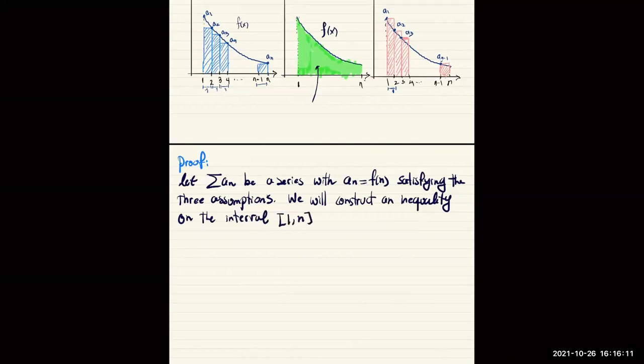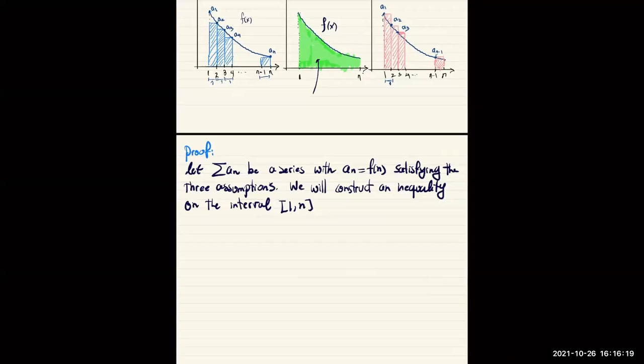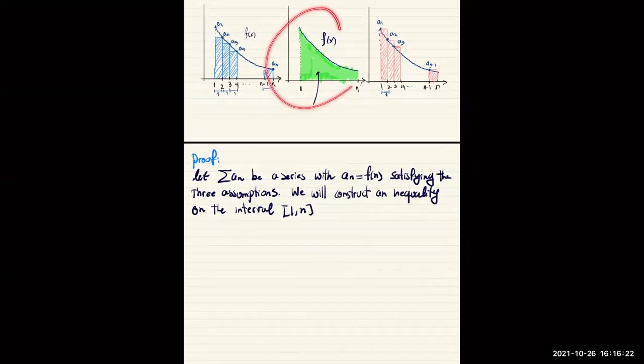And then later we'll take limits. We're going to take a limit as n goes to infinity, and that is going to give us an improper integral. So the middle picture right here is the integral from 1 to n of f of x dx.